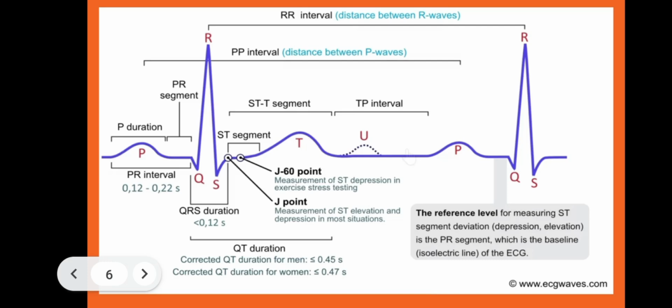So now let's go to your QT interval. Where can we find our Q and T interval? The QT interval is the time from the start of the QRS to the end of the T wave, which represents your ventricular depolarization and repolarization.